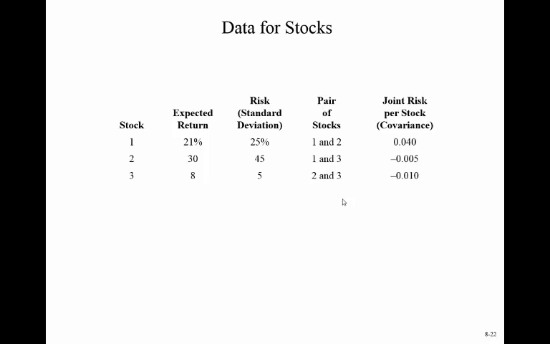If one is up, the other tends to go down. The same thing holds between 2 and 3. These joint risks measure the relationship between any pair of the three securities: not only whether they tend to move upward together or apart, but also the degree to which they stick together or go apart.